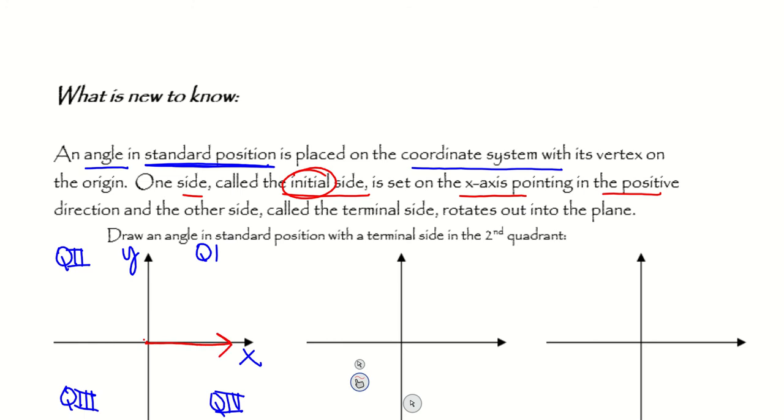The other side, called the terminal side, terminal means ending, will rotate out into the plane. So if I'm going to draw an angle in standard position with the terminal side in the second quadrant, then my initial side is on the x-axis to the right, and my terminal side goes out into the second quadrant.